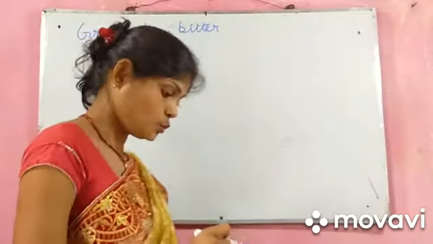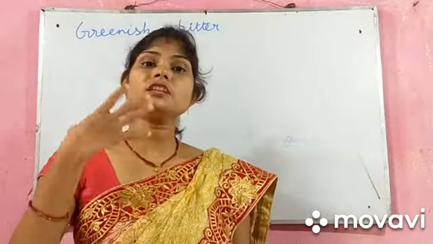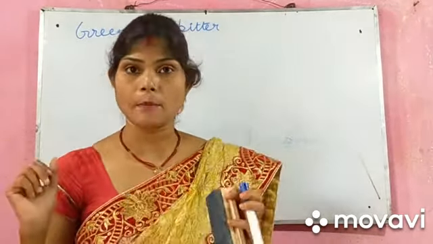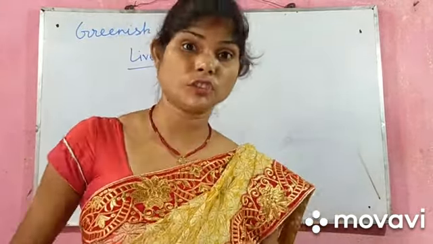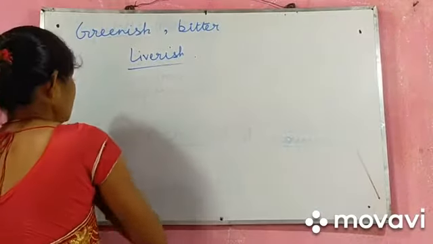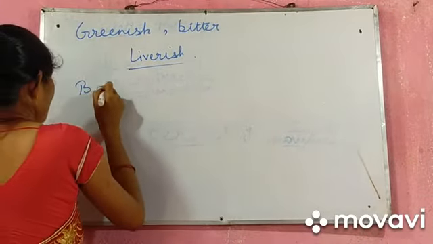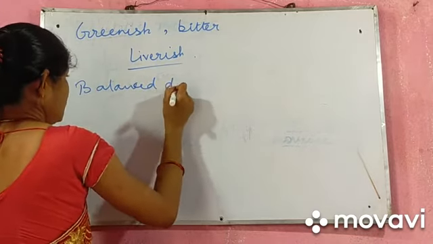Okay, so we should always eat the food which is required by our body in an appropriate amount. So doctors and biologists have given us a balanced diet. Balanced diet, what is it?